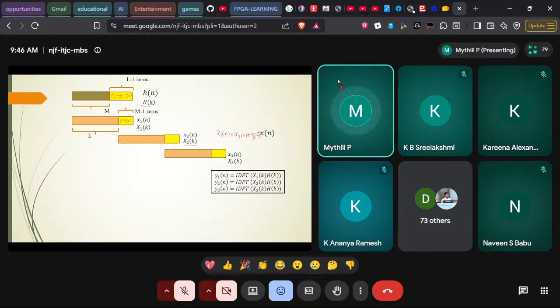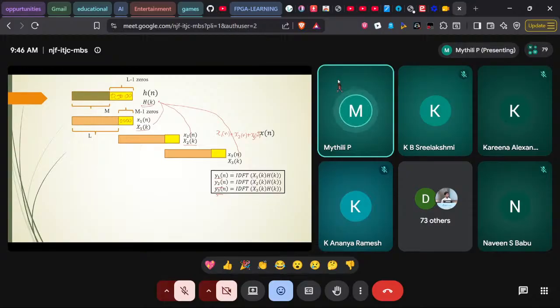So now I got all the blocks. You can multiply x1 of k with h of k, x2 of k with h of k, and then x3 of k with h of k. And then find the corresponding output blocks y1, y2, and y3 by finding the IDFT.